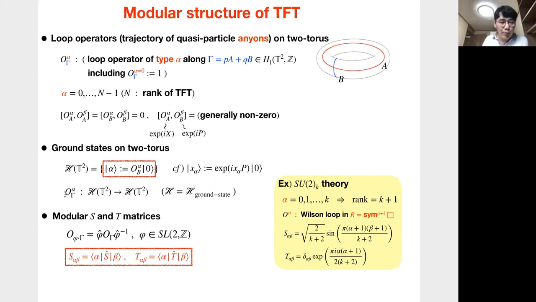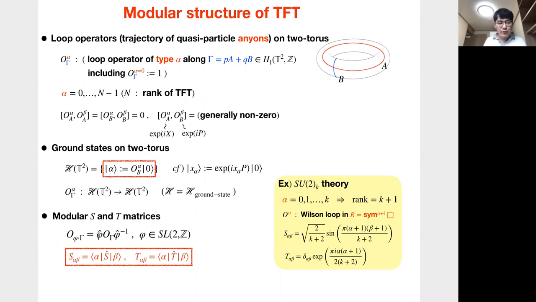And these loop operators act on this Hilbert space. Since these loop operators are labeled by the one-cycles, and on the one-cycles there is a natural SL(2,Z) action on the torus, this SL(2,Z) action, the modular transformation on the torus, will generate some SL(2,Z) transformation on this Hilbert space.